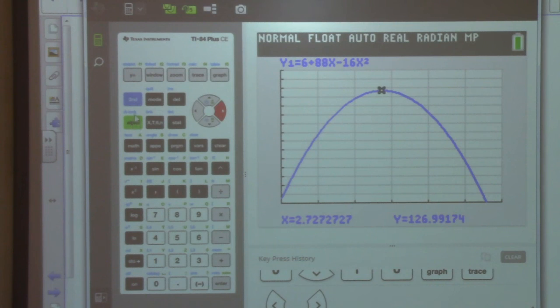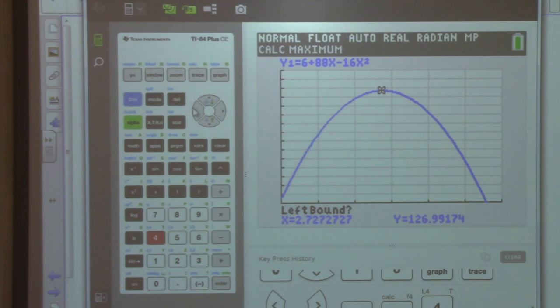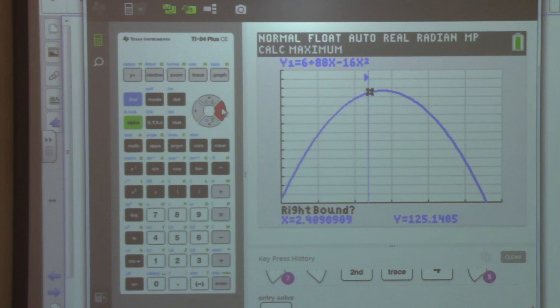And so you can go to second trace, maximum, and you go over here to the left, press enter, go to the right, and press enter, enter. And so you get 127. I got some people from my classes who got 126 on this. I don't know why. 126 is wrong, 127 is right.